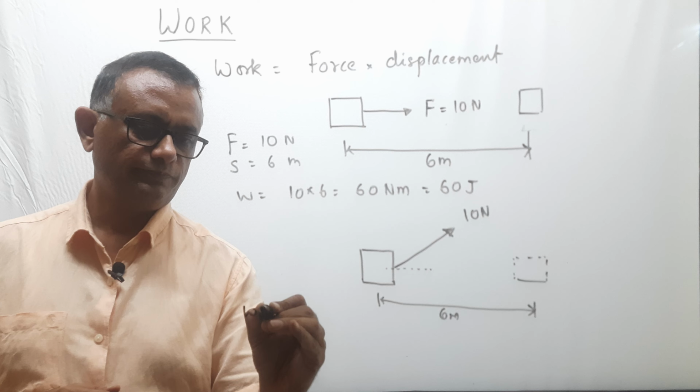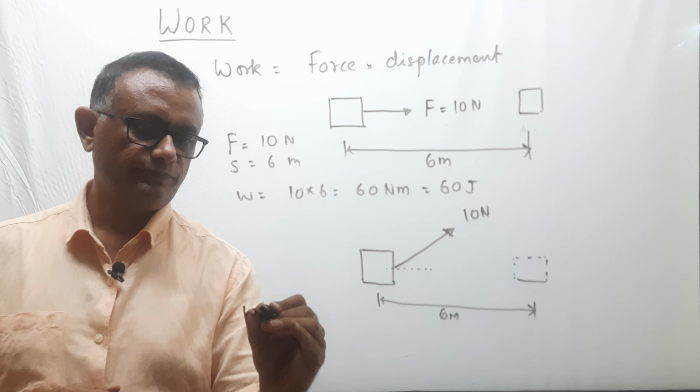And if I were to give a numerical or a scenario where you have a box, an object which is being acted upon by a net force F, let's say 10 Newton. And under the influence of this force, if the object were to move, let's say a displacement of 6 meters.